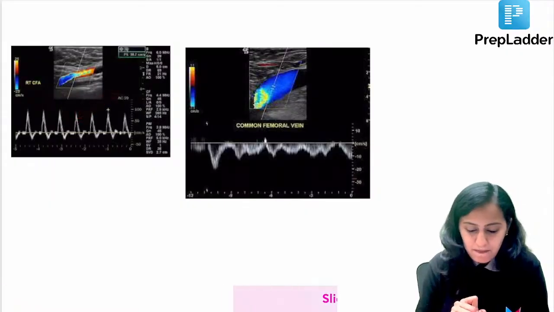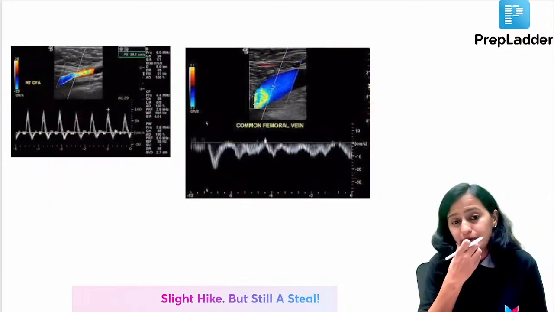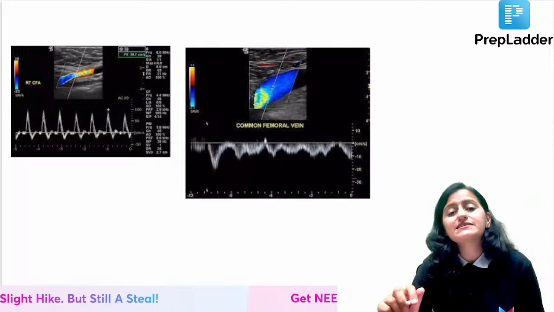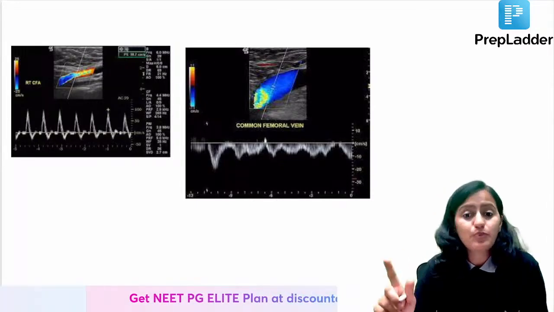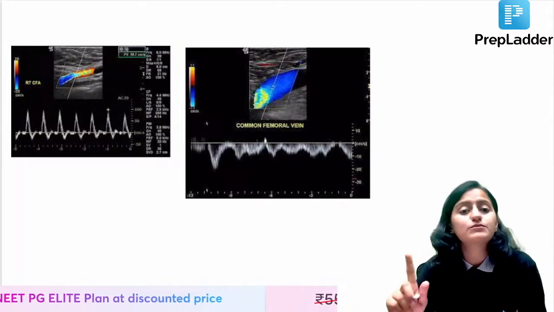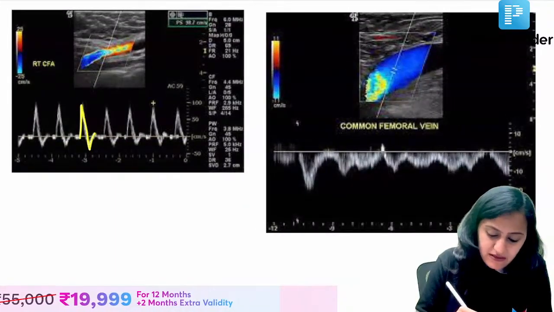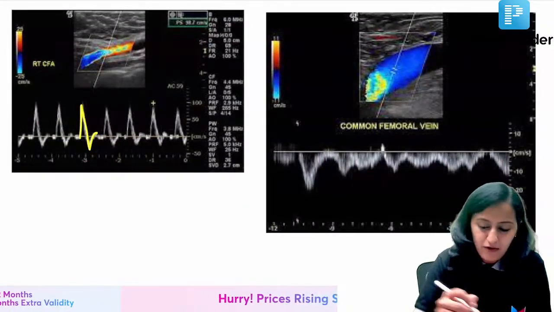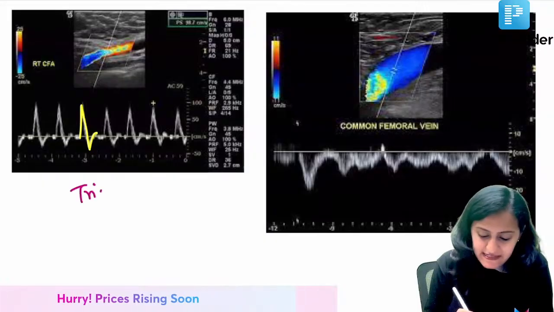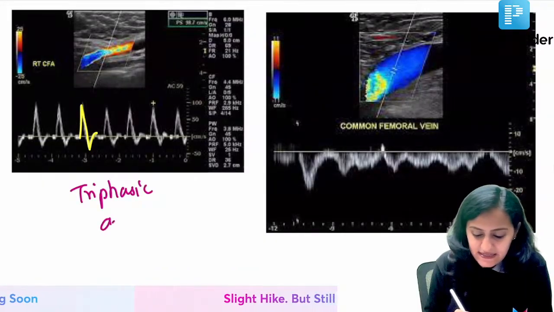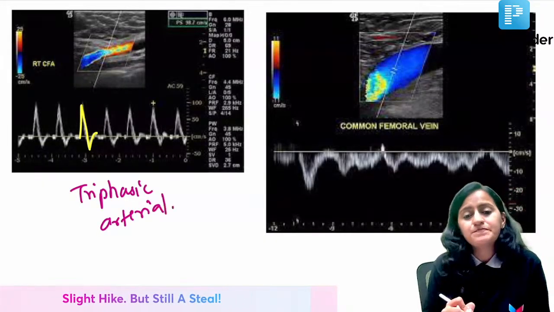This is Doppler, right? And this is also Doppler. This image is showing you the difference between the femoral artery and femoral vein Doppler, that is arterial Doppler versus venous Doppler. Look at the waveform. This waveform here is called a triphasic waveform. So a triphasic waveform indicates this is an arterial waveform, right?